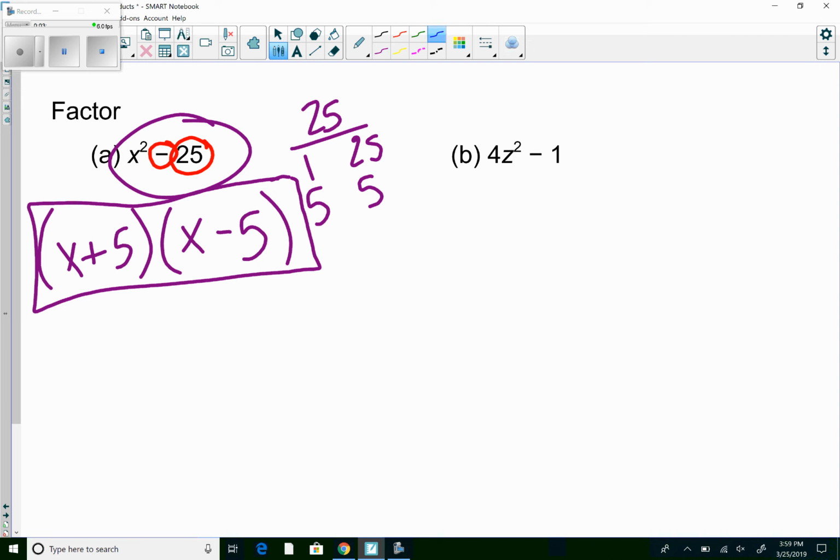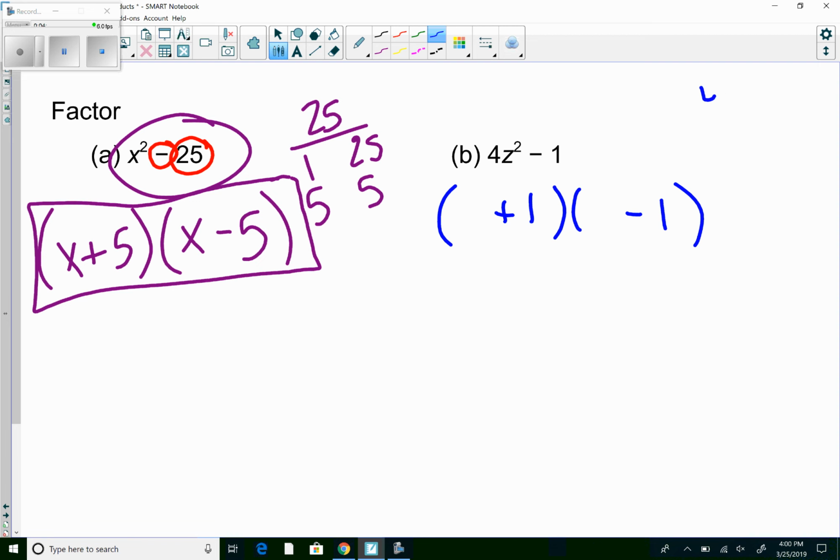Now, for example B, this time the perfect square isn't on the back like the last couple of examples, it's right on the front. First thing I'm going to do again is set this up. There's no middle term here, so I'm going to start throwing in the positive and the negative. I can put 1 and 1 here because the only way to come up with 1 is by 1.